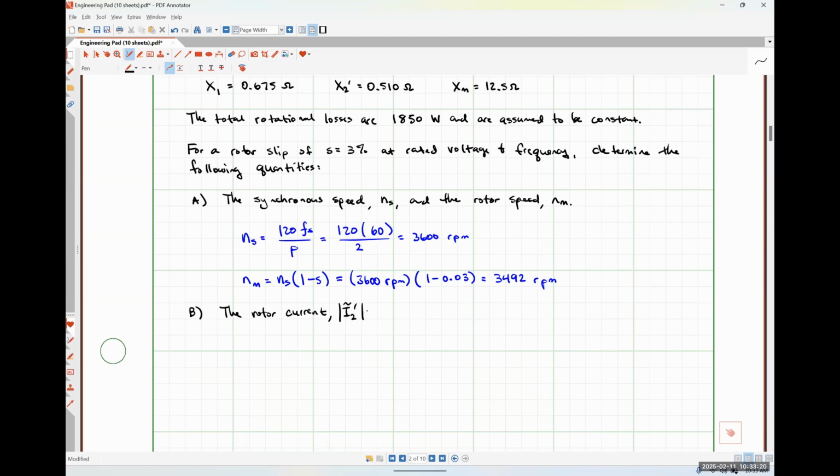I'm really only interested in the magnitude, so we're trying to find the magnitude of I2 prime.